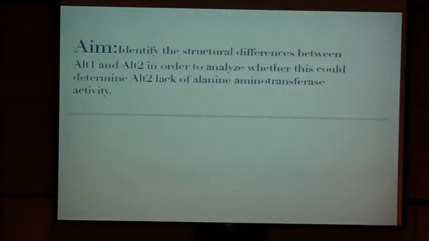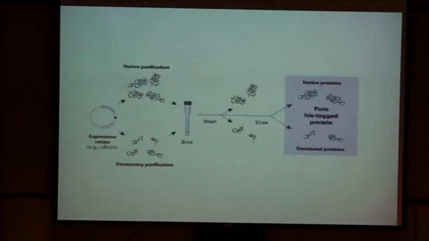Well, the aim of my project is to determine which structural difference makes L2 not have the activity of an alanine transaminase. For this, we performed purification and used a PET system to overexpress the protein, and then we used metal affinity chromatography to purify the enzymes.